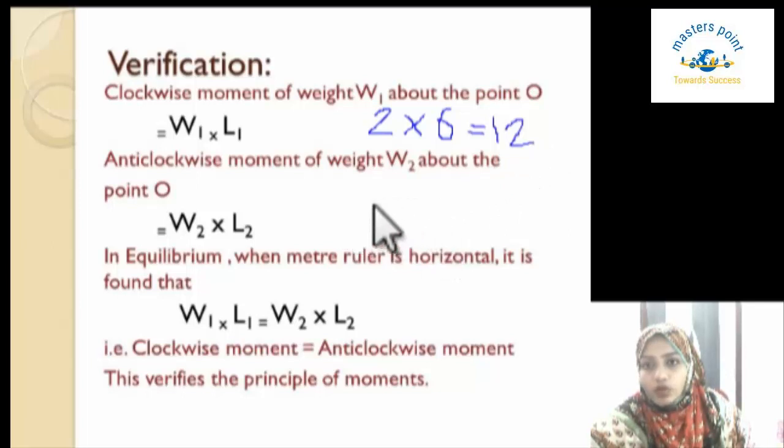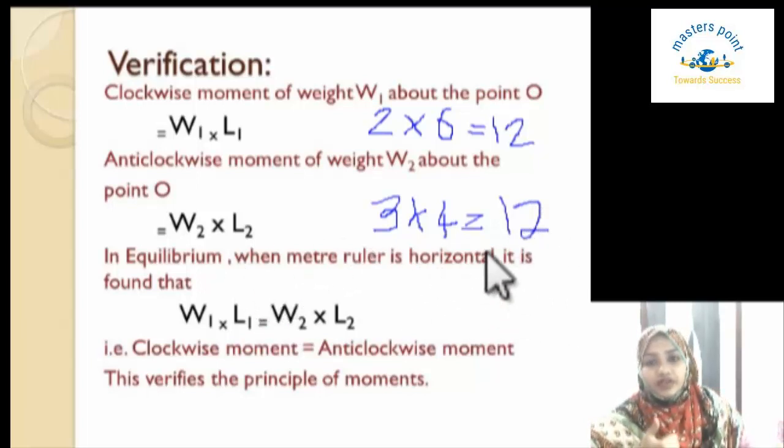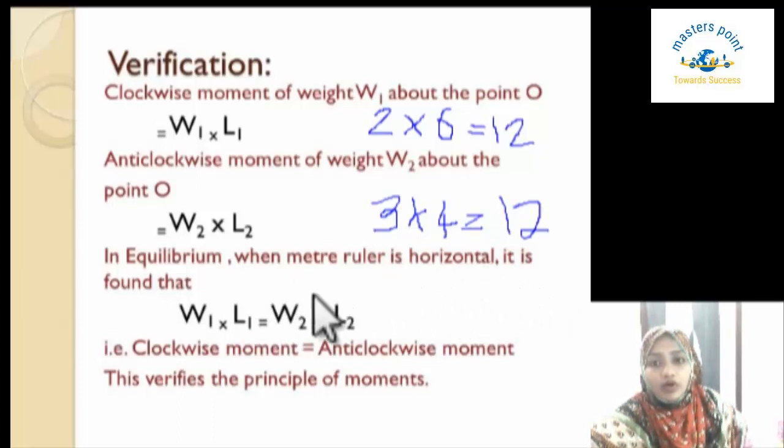Okay, so in my anti-clockwise moment the weight was 3 and the distance was 4. So this is going to give me 12. So you can see it is being proved: in equilibrium the meter ruler is horizontal, and it becomes horizontal only when both the anti-clockwise and clockwise moments are equal.